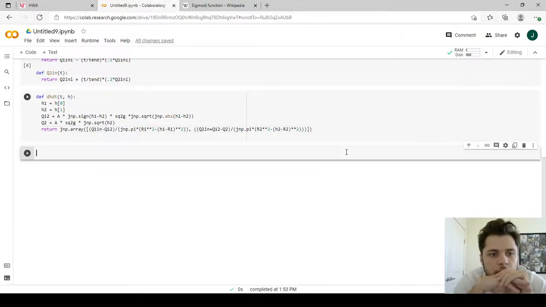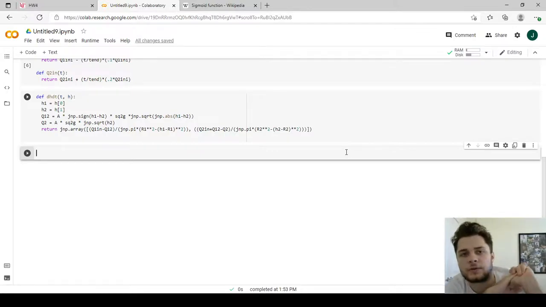Shift enter. There. So that will put into an array our changes in heights over time. So let's go ahead and solve our initial value problem so we can get that.